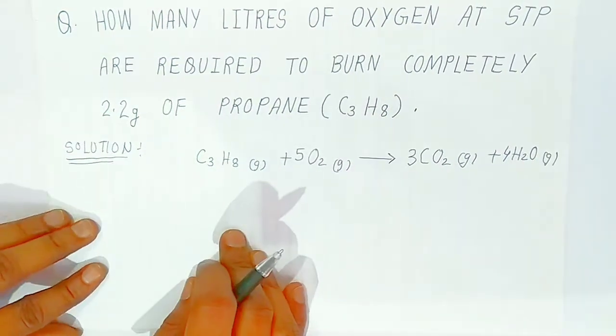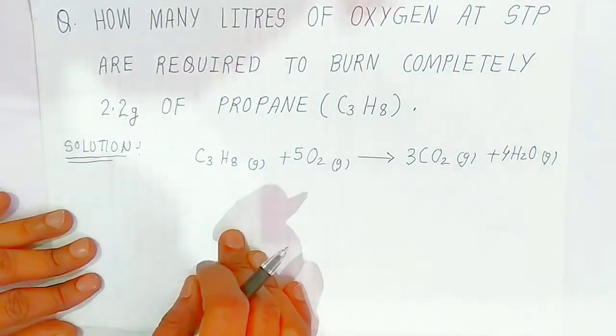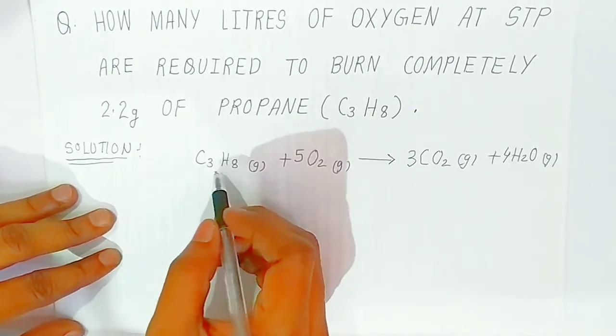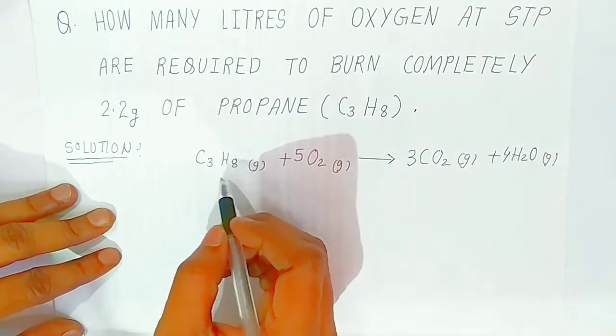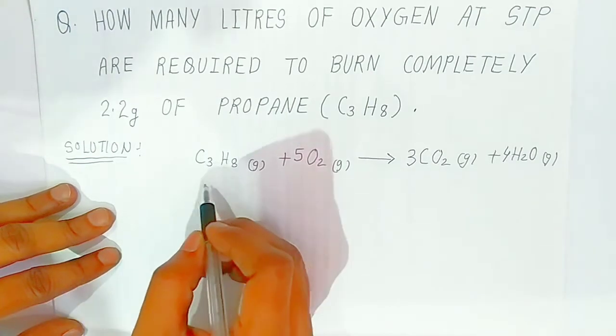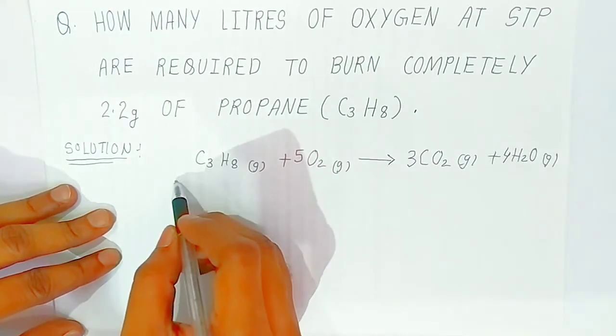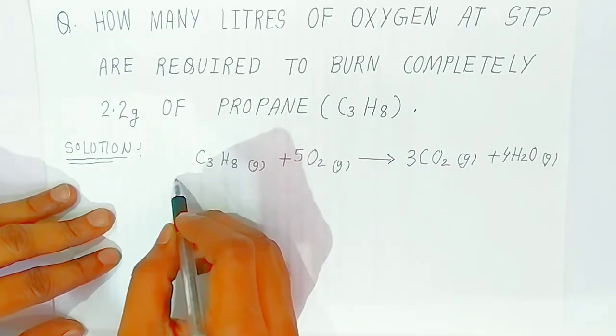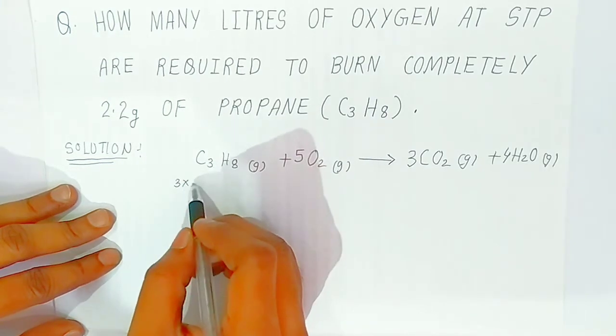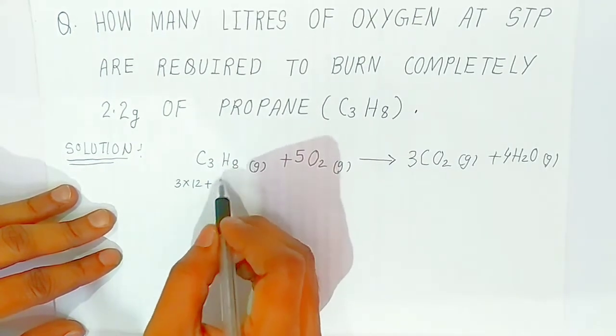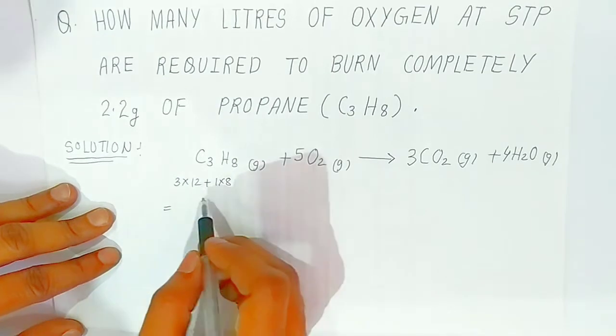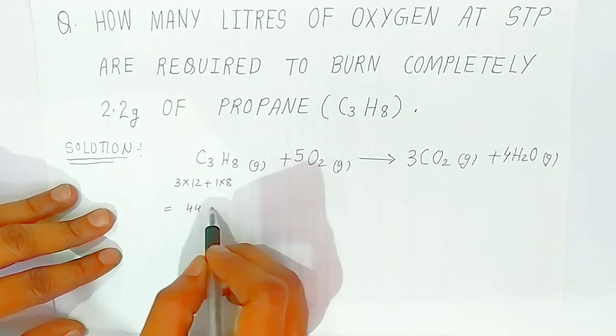After balancing, students, you have to write down the molecular weight. The molecular weight of this compound: carbon is 12, 3 carbon is there, so 12 into 3, plus 8, 1 into 8. When you add, it comes to 44 gram.